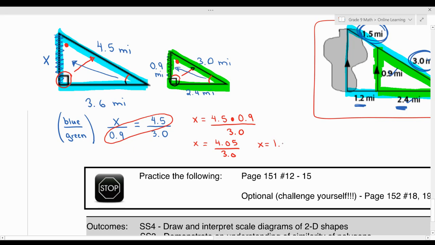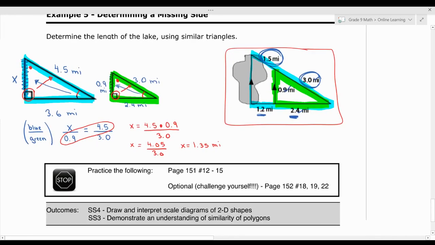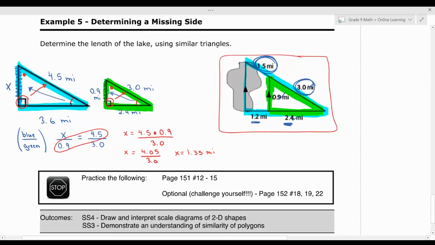My calculator will tell me I get 1.35. Now double check, the question did have units, it was miles. And because it's connected to a situation, I would probably try and put a concluding sentence. So you could say the lake has a length of 1.35 miles.